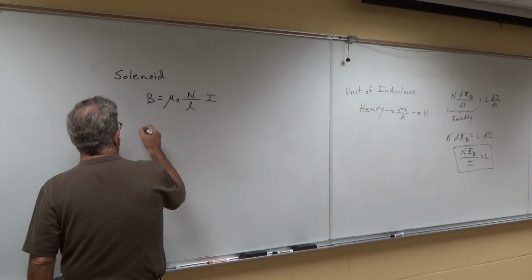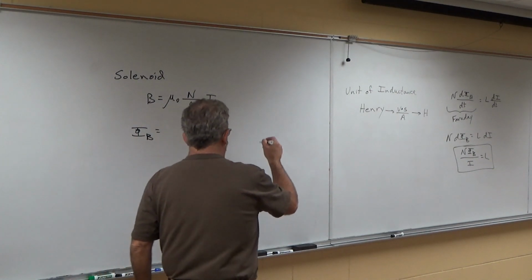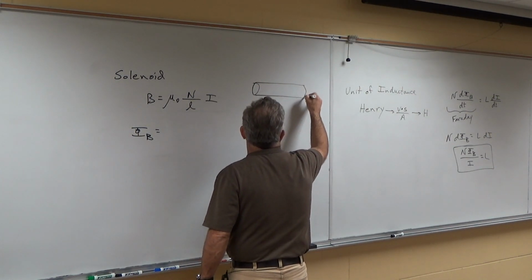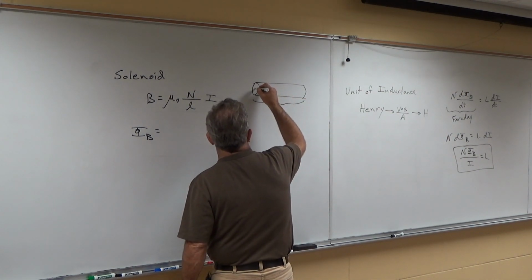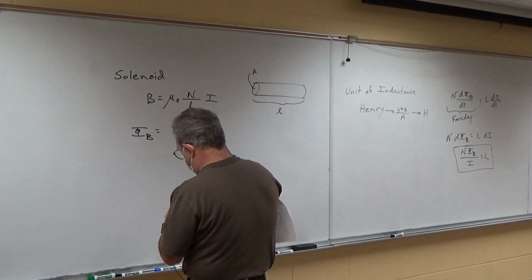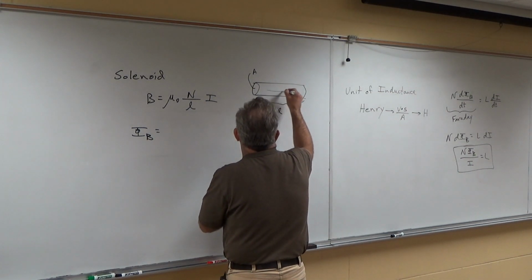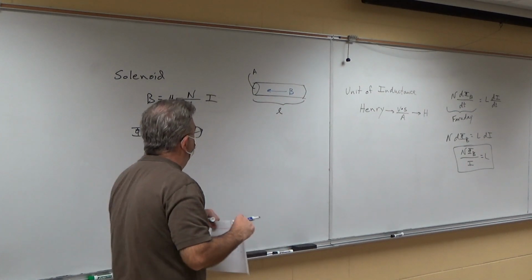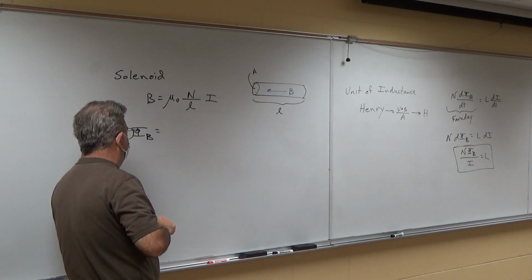So the flux, phi B, so recall for a solenoid, this would be the length L, and this has some area A, and there's a magnetic field inside here. It's nice and constant, it's uniform, okay? That's inside the solenoid.